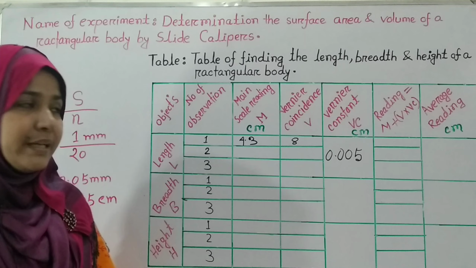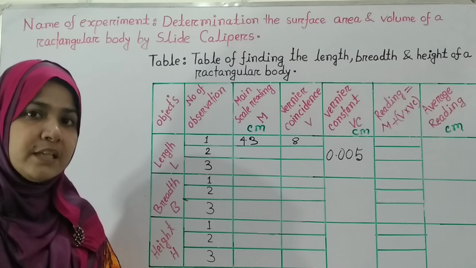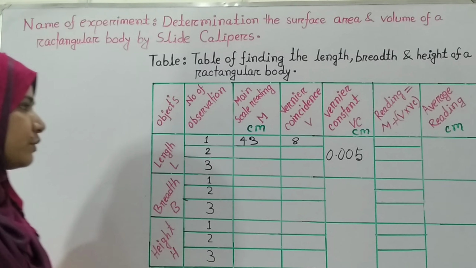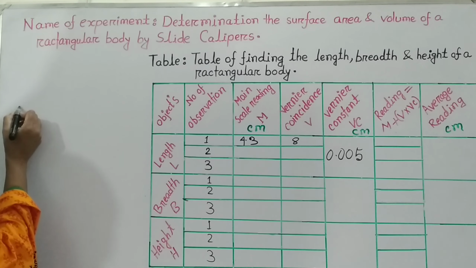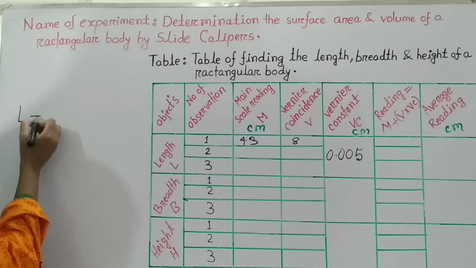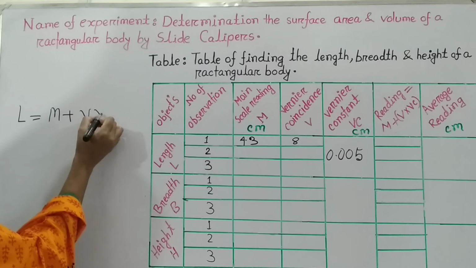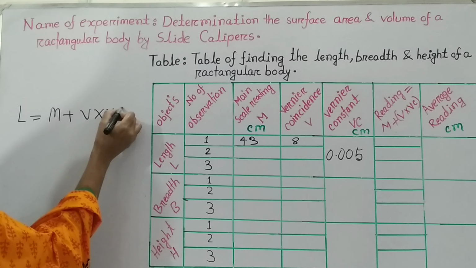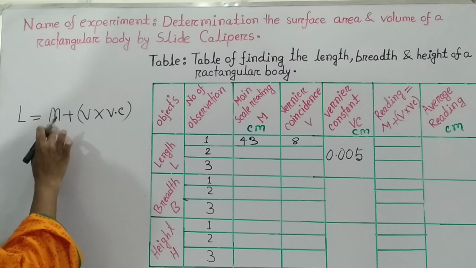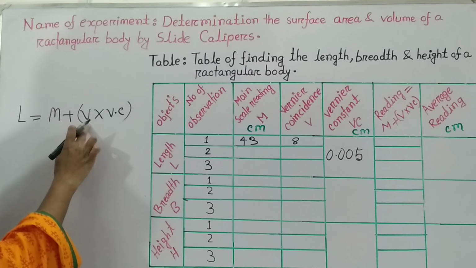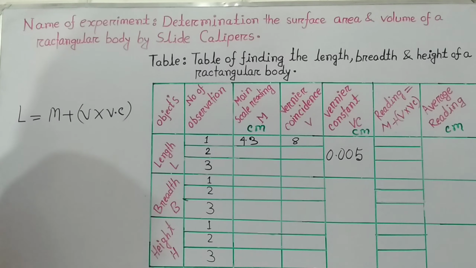As I am measuring the length of this rectangular shaped object, the formula to measure the length is L equals M plus V into V.C. That means the main scale reading plus vernier superimposition into vernier constant.